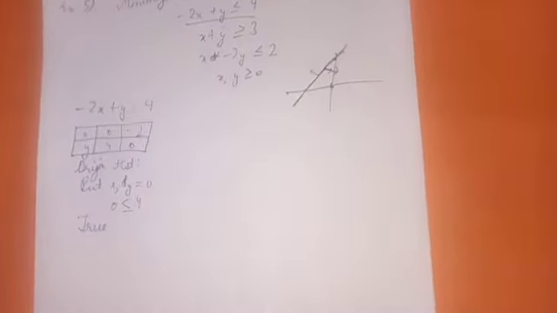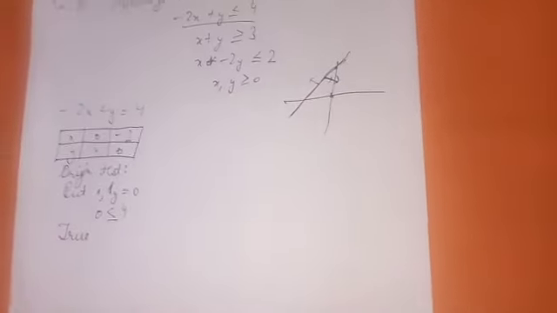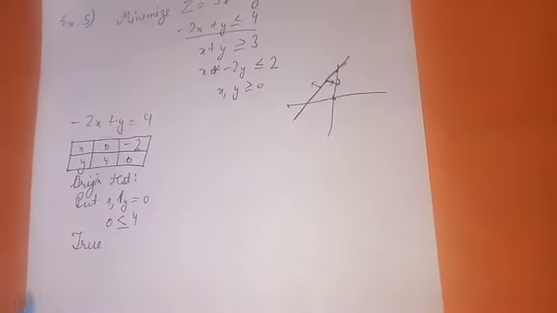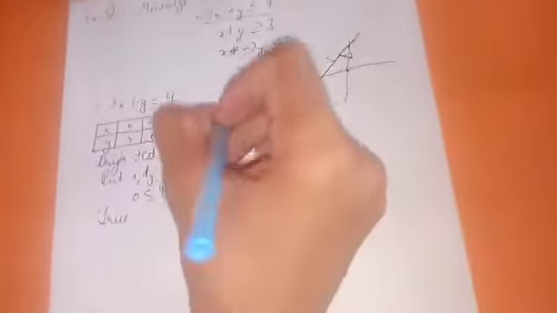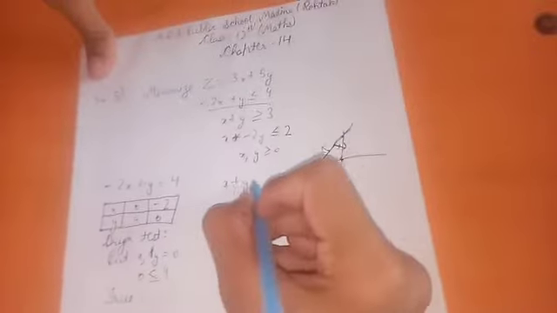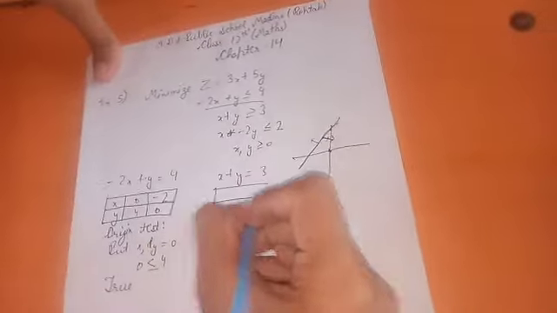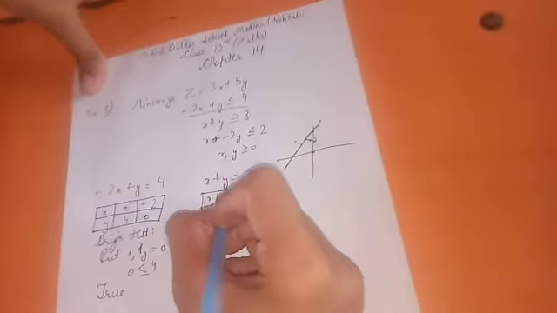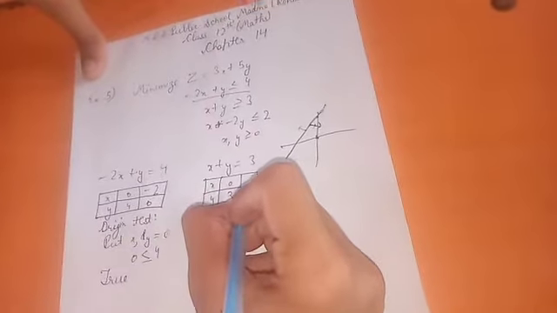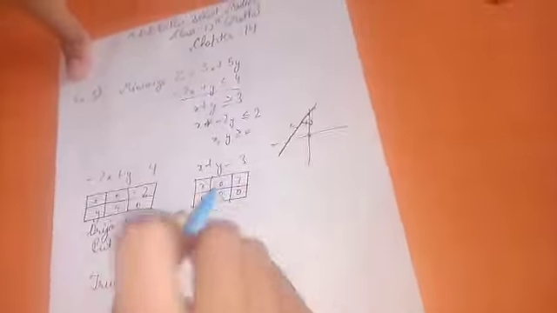That's why we do the origin test, so that we can find out which values satisfy the inequality. Now we will take another constraint, x plus y equal to 3. Again for this we make our table of x and y. If x is 0, y is 3, and if y is 0, x is 3.